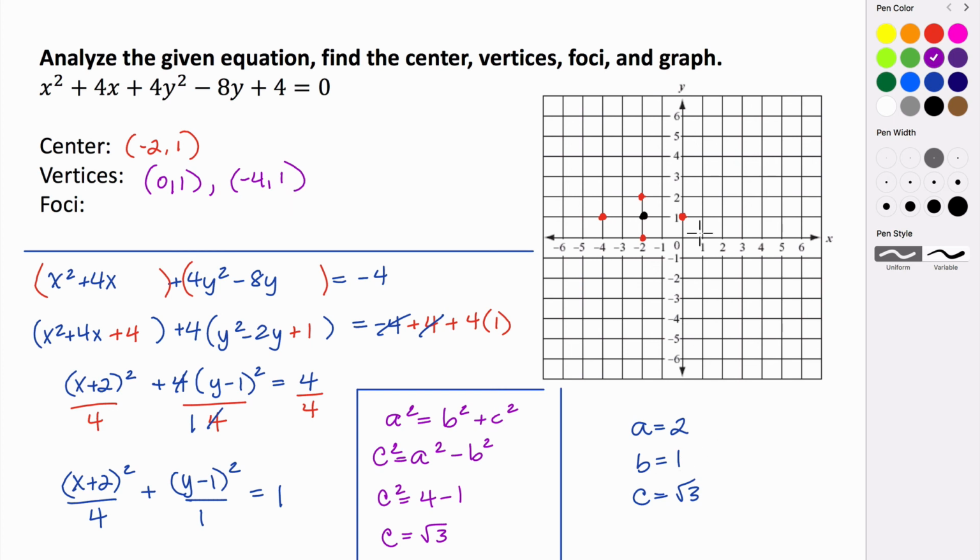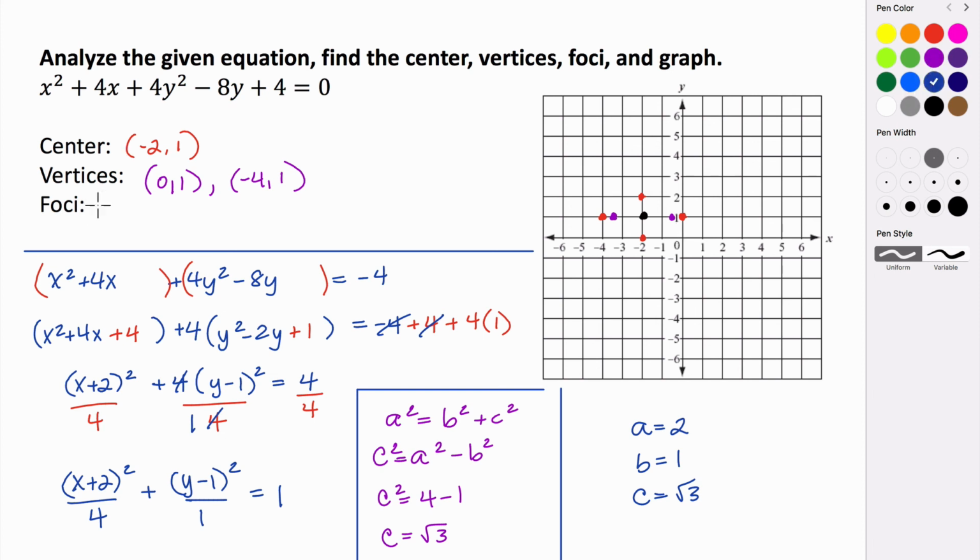Our foci are going to be the square root of 3 units to the right and left. So the square root of 3 is in between 1 and 2. It's somewhere around here and here. So if we're thinking about the ordered pairs, this is just rad 3 units to the right of our center. And so that's a change in the x by adding rad 3 to the x.